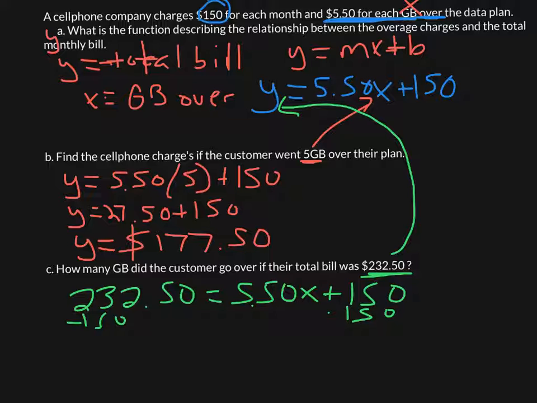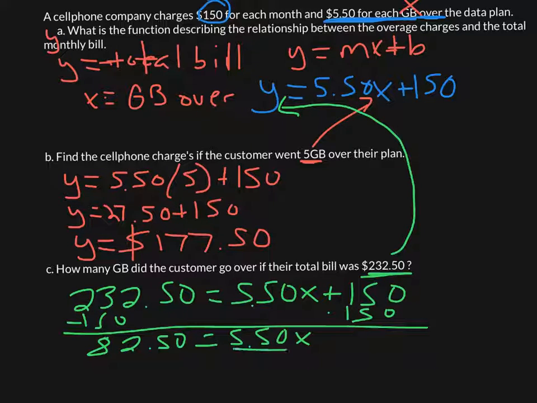Subtract 150. We get 82.50. And then we're going to have to divide by 5.50. 82.50 divided by 5.50, x equals 15 gigabytes.